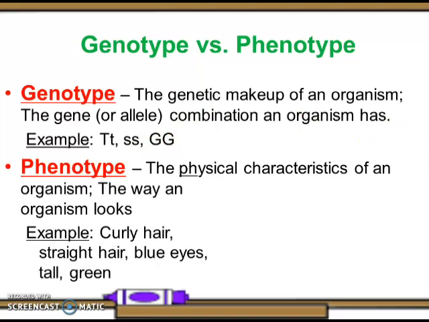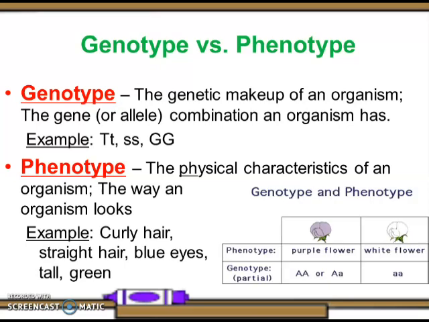Next is phenotype. Phenotype is the physical expression of the alleles. It is the description of the actual physical characteristics of an organism, or the expressed form of the genotype. For example, curly hair, straight hair, blue eyes, tall, and green.